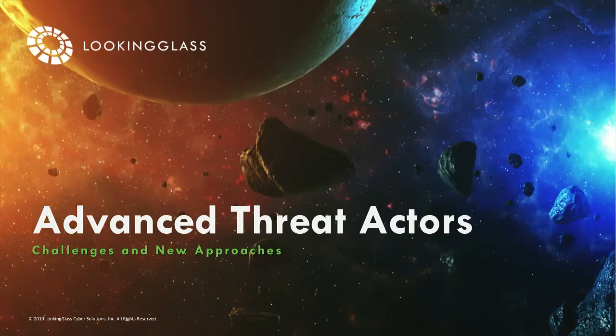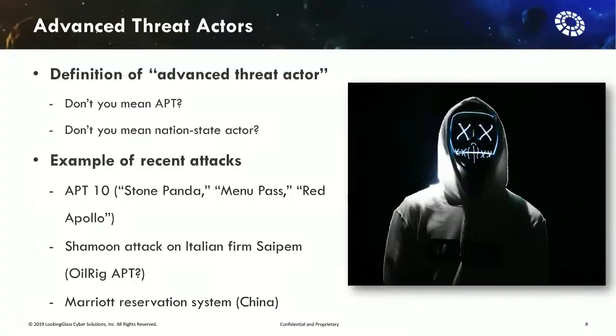Without further ado, I'm going to dig in on this notion of advanced threat actors and what we mean. A couple of different terms get thrown around a lot. We're talking about advanced threat actors. Most of you have probably heard of APT, or advanced persistent threats, as well.